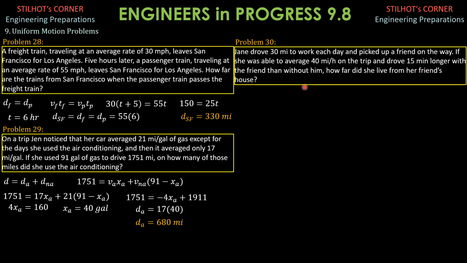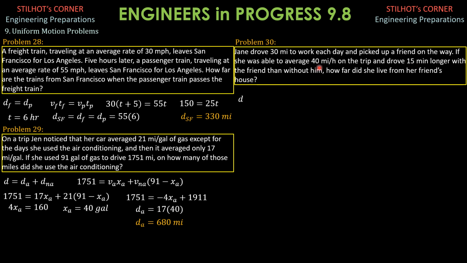So, because this is the extension of travel time when Jane picks up her friend, the distance of her friend's house from her is equal to the average speed times that time.